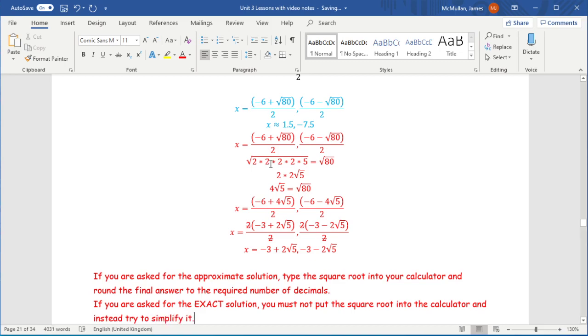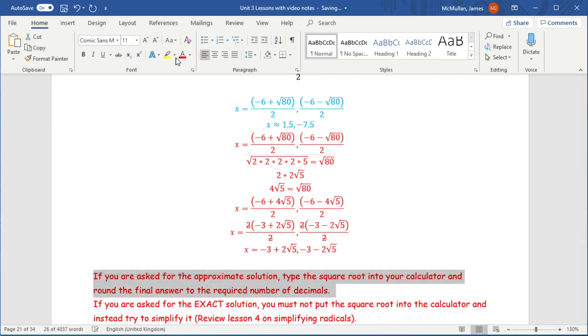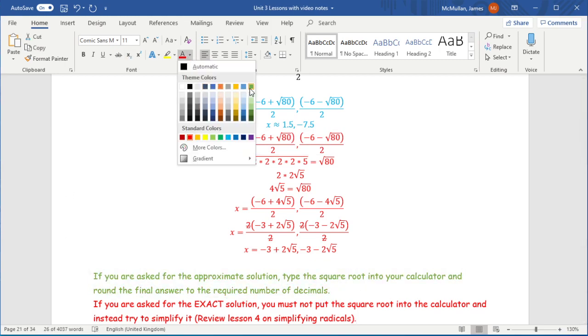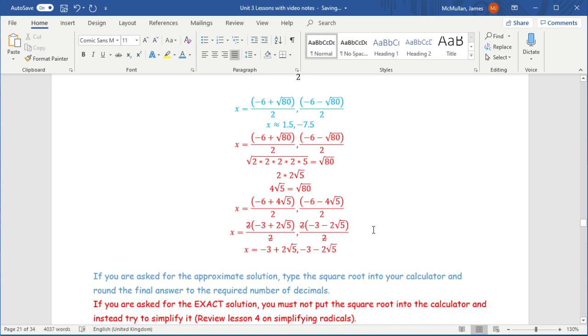And you know what, I'm going to say there is review lesson 4, where we worked on simplifying radicals. So that's what you're doing if you're asked to find the exact solution versus the approximate solution. The approximate solution, you're using your calculator. The exact solution, you're using your skills of reducing radicals.